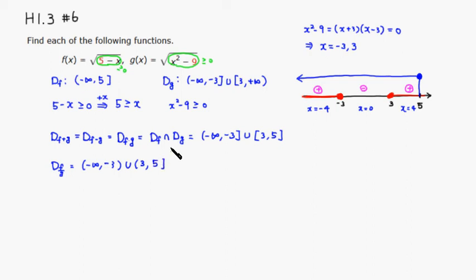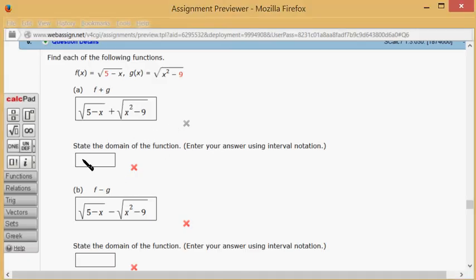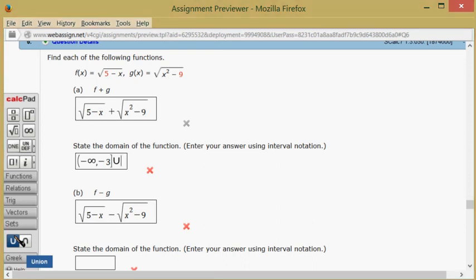Alright, so let's type those in. The domain here would be negative infinity to negative 3 inclusive. Then union, and then you have to start from 3 to 5.